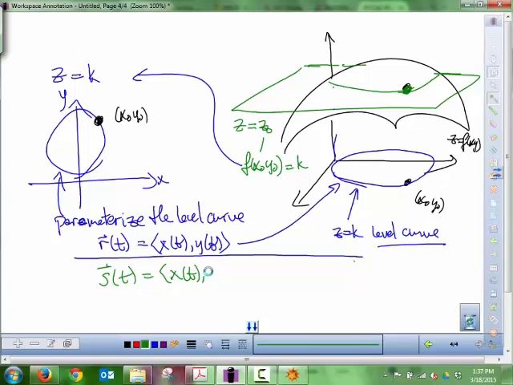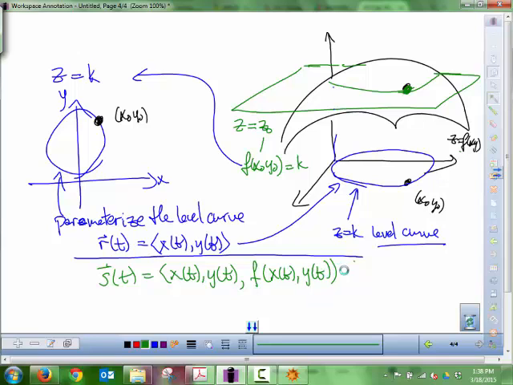So S will have the same x and y values, but my z value, do you remember how we did the z value last time when we projected something up on the surface? Z of x of t, y of t. So in this case, I'll call it f of x of t, y of t.